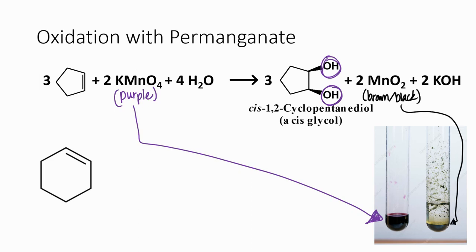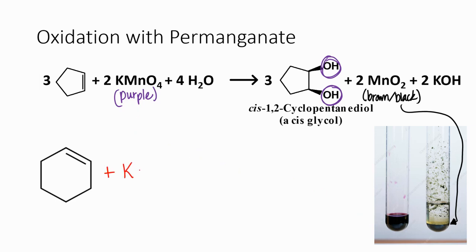And so, if an alkene is present, the purple color of the potassium permanganate will disappear and sort of a sludgy precipitate, a solid precipitate that's brown-black, will start to form. If it's not an alkene and just an alkane is present, that purple color will really remain and no solid precipitate will be seen.